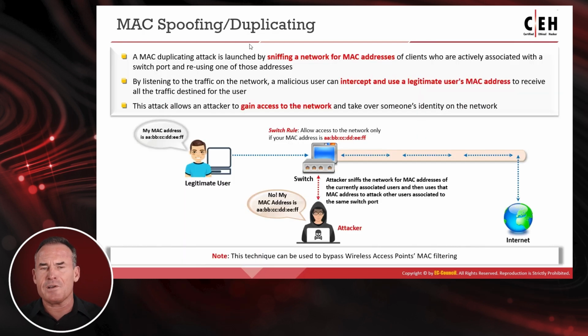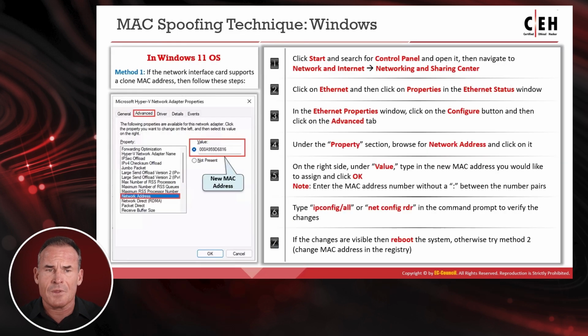All right, MAC spoofing or duplicating. Eric, you just told us about seven slides back that you can't change a MAC address. You can't physically change the MAC address, but you can actually change it in memory. Software assigned MAC address, OS assigned. You can configure that in a Windows system by right-clicking the card and configuring the advanced options for the card.